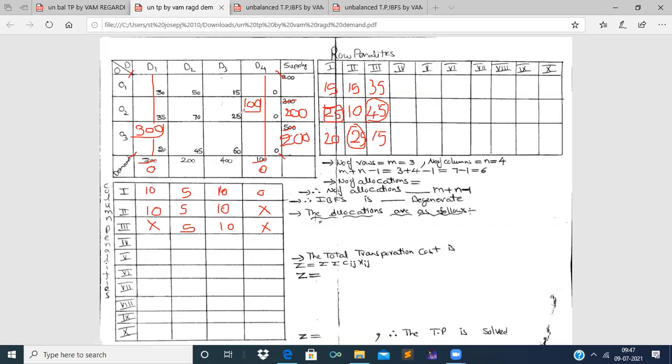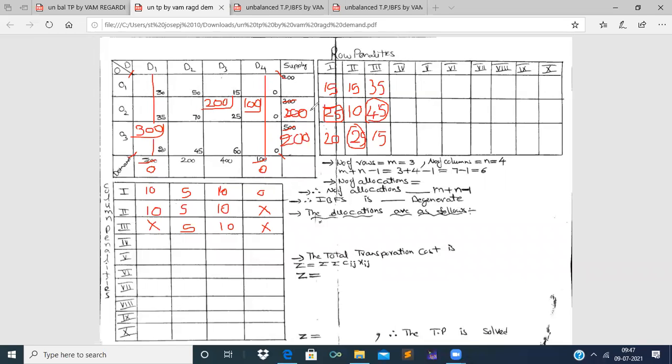And if we enter its corresponding row, of these 2 costs, 70 and 25, the least cost is 25. Now we see its corresponding demand and supply. So demand is 400 and supply is 200. Supply is the least value. Therefore, we allocate 200 to the cell in which 25 is present, right?